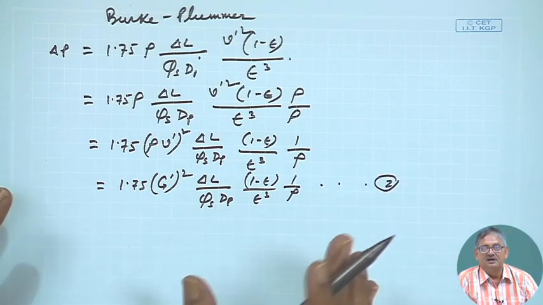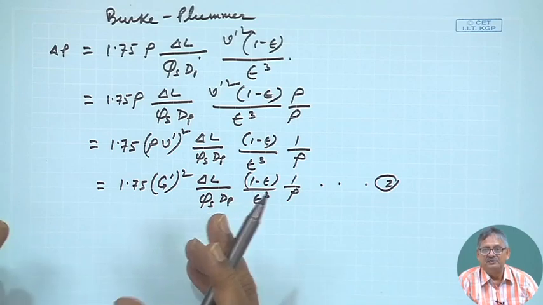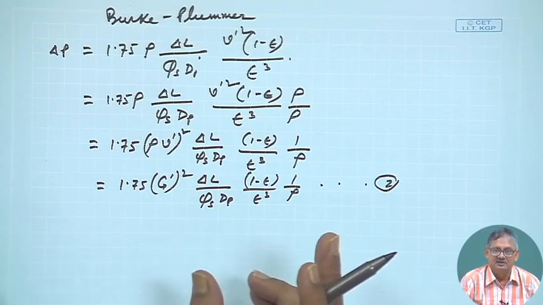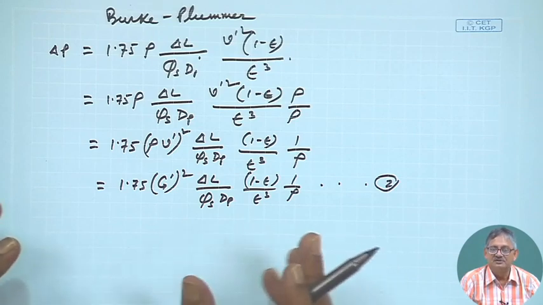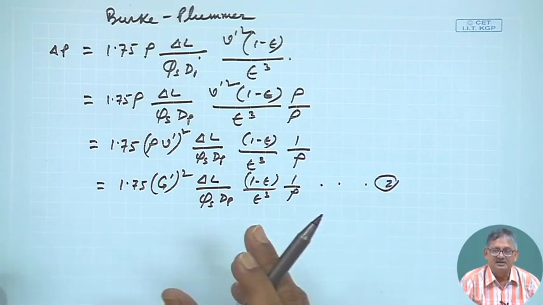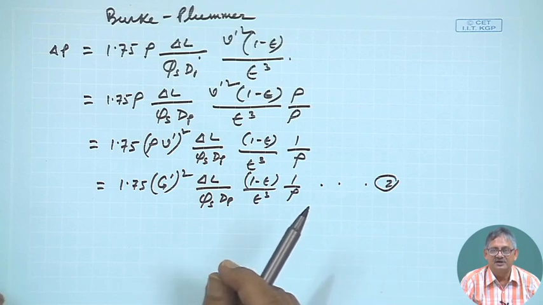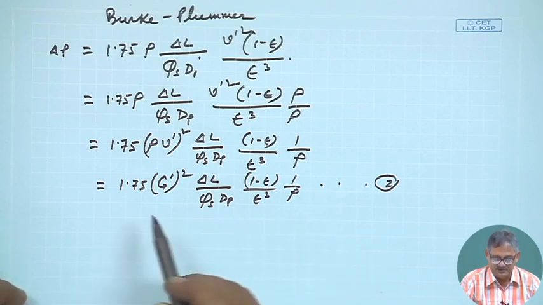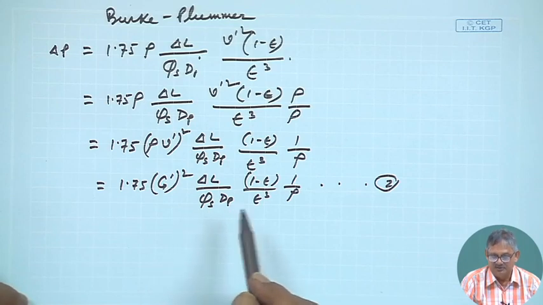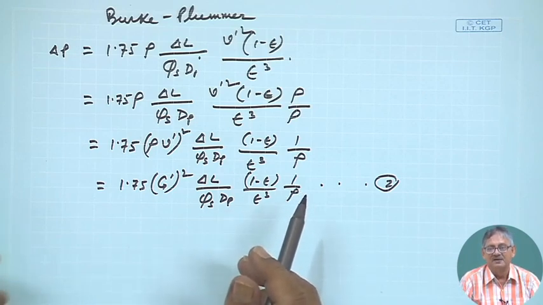So till now, on one hand we have taken the Blake-Kozeny equation and come to equation number 1, a relation for delta P. On the other hand, with the Burke-Plummer equation, which was for turbulent flow, we have come to 1.75 G prime square delta L by phi s dp into 1 minus epsilon by epsilon cube into 1 by rho. This we have done purposefully.